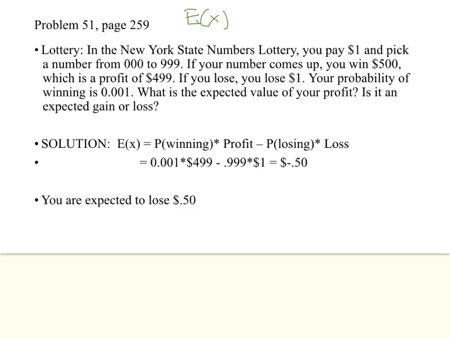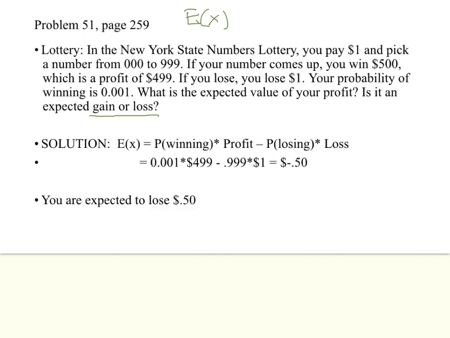If your number comes up, you win $500, which is a profit of $499. If you lose, you lose $1. Your probability of winning is 0.001. What is the expected value of your profit? That is, your expected gain or loss.